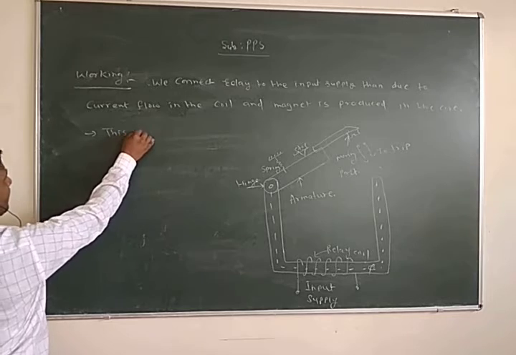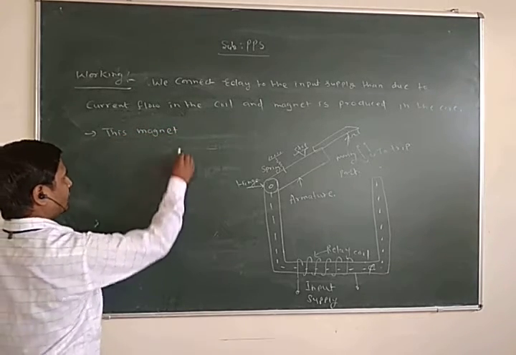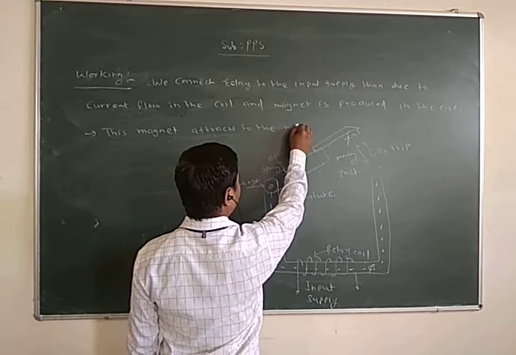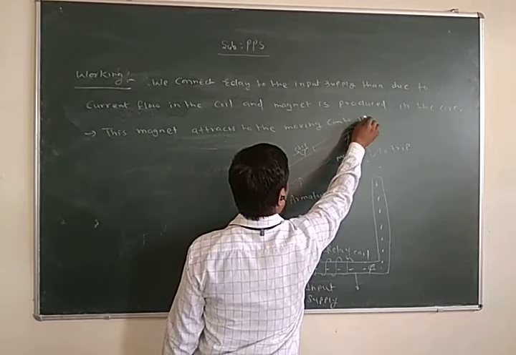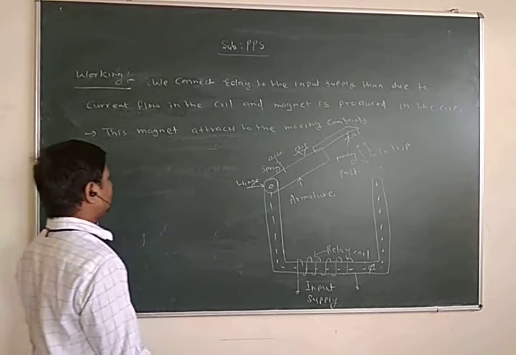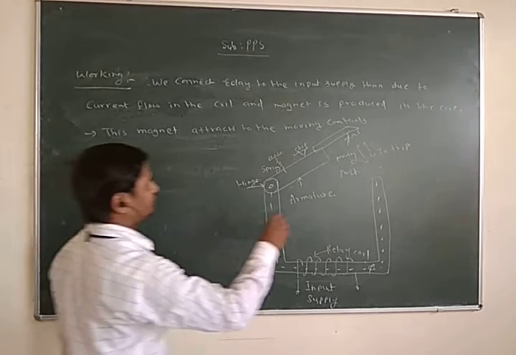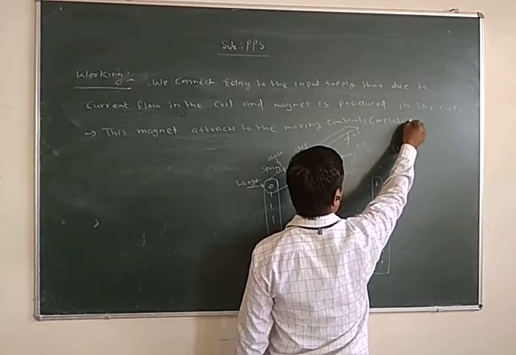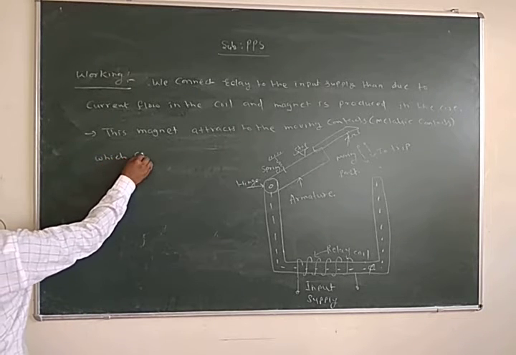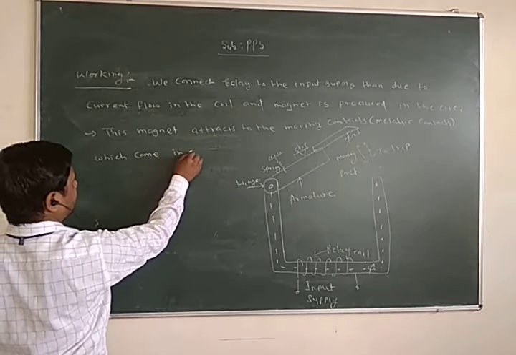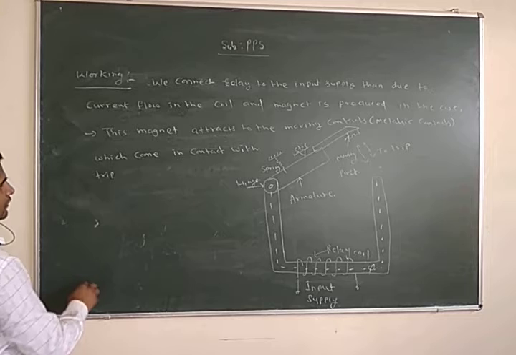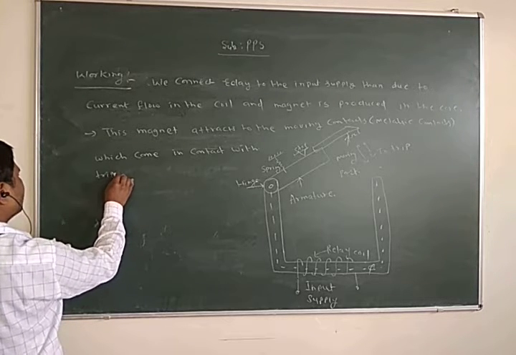This magnet attracts the moving contact or moving part, or we can say the metallic contacts, which come in contact with the trip circuit, the tripping contacts.